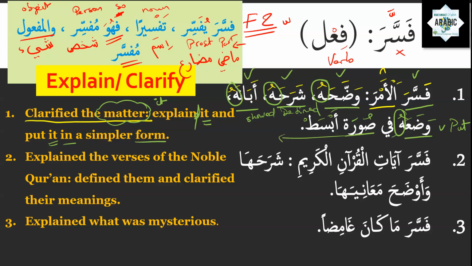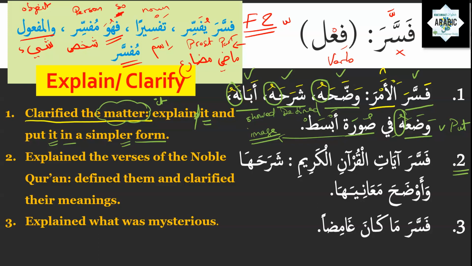In Arabic, surah is image, but it's also translated to form in English. Absat, simpler, because it's comparative or superlative. The second example we have is fassara ayat al-Quran al-Karim.